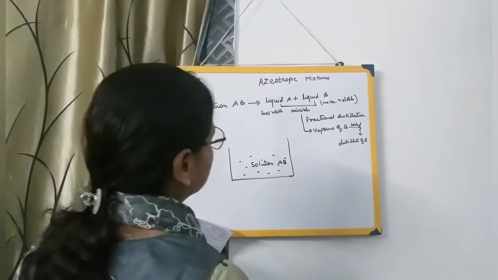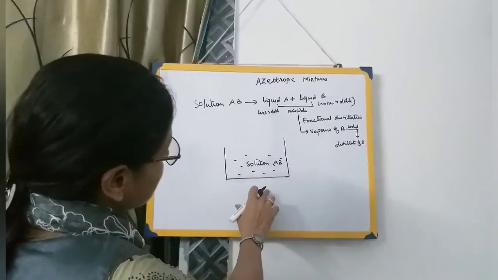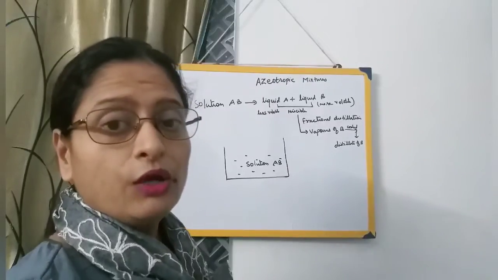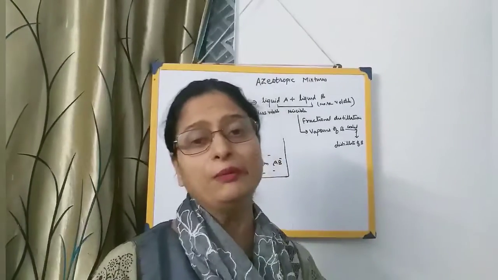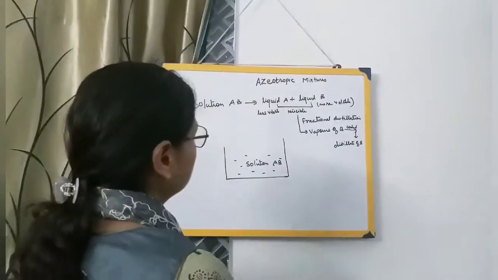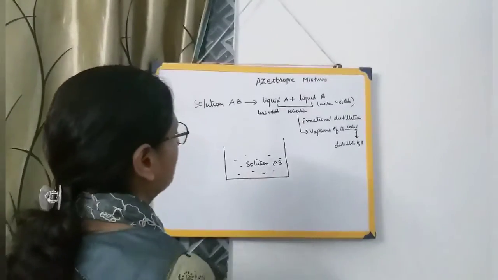It has particles of A as well as particles of B, that means there are some moles of A and moles of B. Since both are there, there will also be mole fraction of A and mole fraction of B. To remind yourself what mole fraction is, you may go to the first video which I sent you some days back. So there will be mole fraction of A as well as mole fraction of B in this solution.